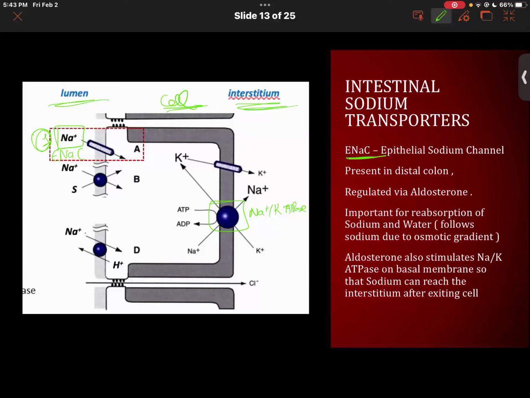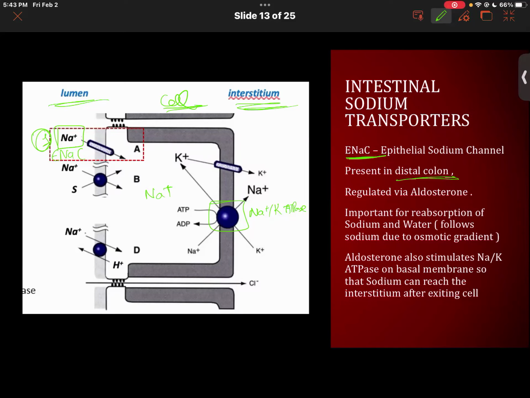So we have this thing called an epithelial sodium channel, which is present in the distal colon, and this absorbs sodium into the cell. Now, we don't want this sodium to remain in the cell, right? We want it to return to circulation in the body and go wherever is necessary.